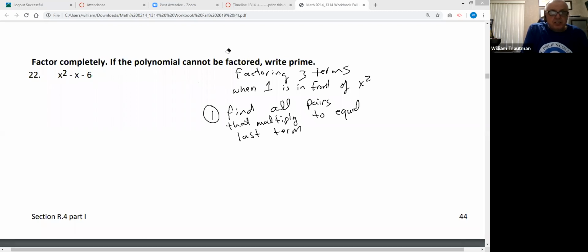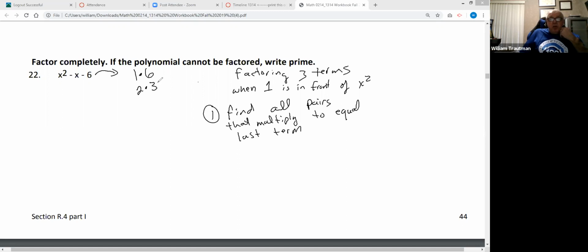Find all pairs that multiply together that equal the last term. So I need to find all pairs of numbers that multiply to get 6. I'm not even looking at the sign of this 6 yet. All the things that multiply together to get 6 are 1 times 6, and 2 times 3, right?